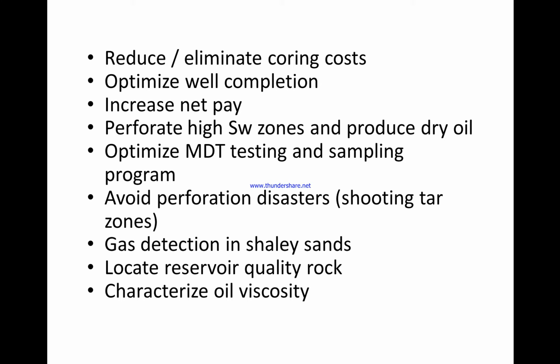In addition to that, we can reduce or eliminate coring costs, whenever you get the rock quality and a good indication of the rock from the NMR. You can get the right place to select the core point. Increase the net pay reservoir by detecting the right volume of clay.